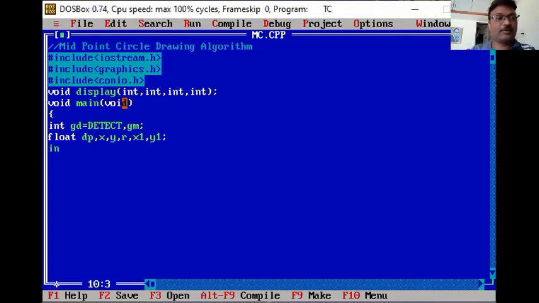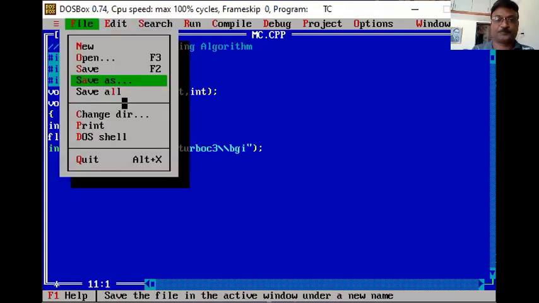Then initgraph initializes the graphics: pass the address of gd, pass the address of gm, and then in double quotes, C colon, turbo C3, BGI. BGI stands for Borland Graphics Interface.